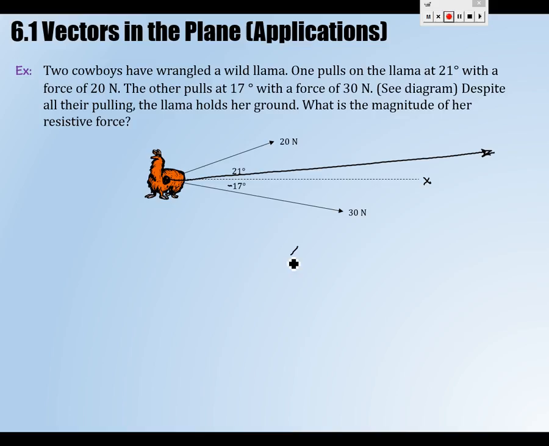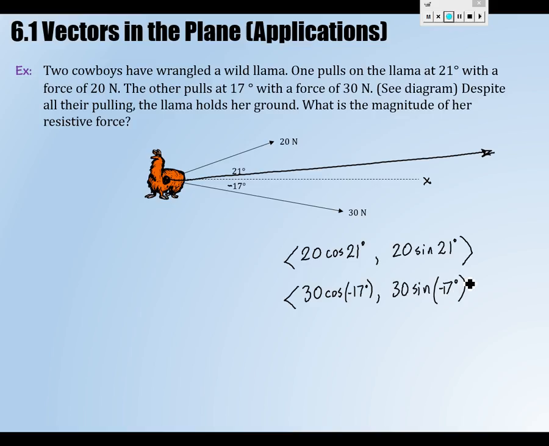So if we add these two together, what do we get? 20 cosine 21, comma 20 sine 21, plus 30 newtons times cosine of negative 17, 30 sine negative 17. But again, maybe store these in A and B on your calculator just like we were just doing.